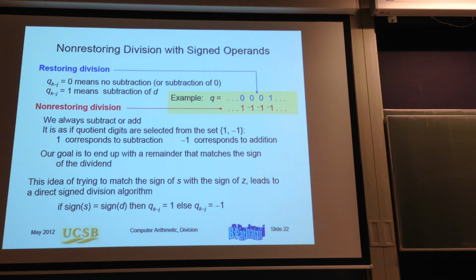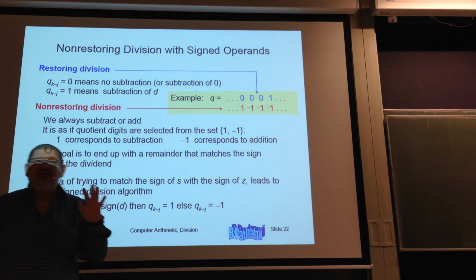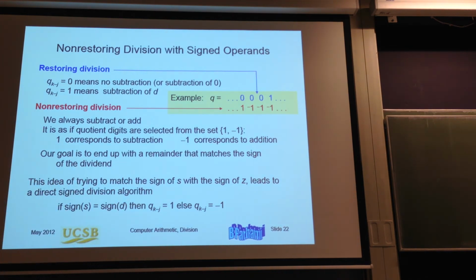Now, do you remember Booth recoding, when we replace a string of ones with a negative number and then a 1 somewhere later on? Here it's somehow different.